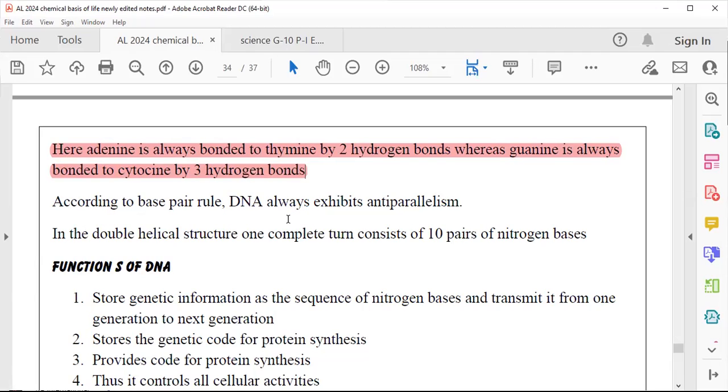Do you agree DNA always shows anti-parallelism?